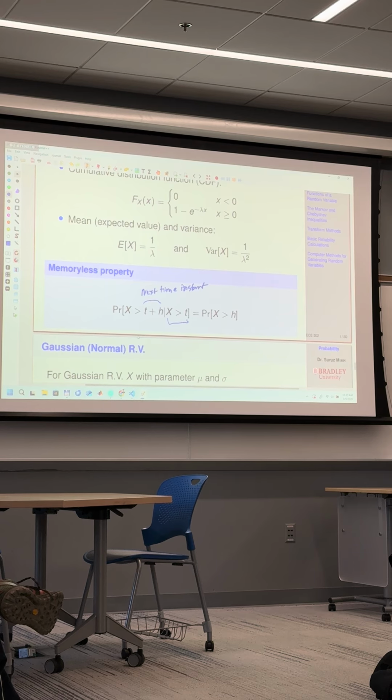Like you keep estimating the signal from, I don't know, ancient time, and then you come up to the current time t, and then to estimate the signal at the next time instant, you just need to rely on the previous time instant, that's all. You simply do not care how you got there.